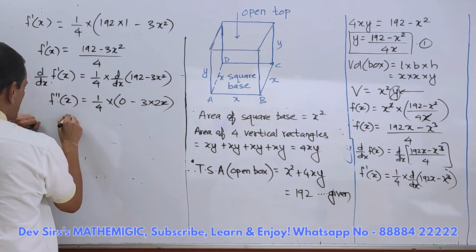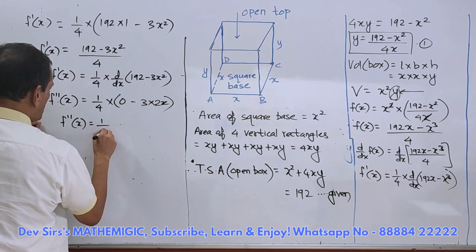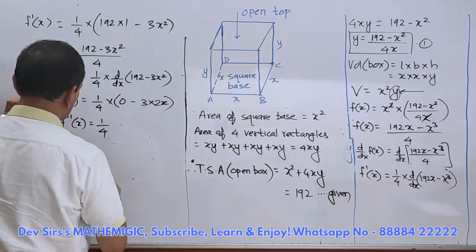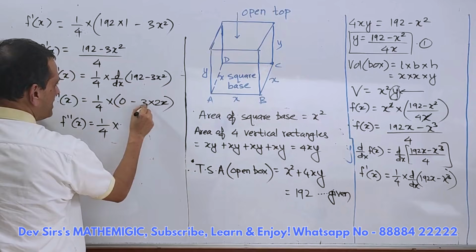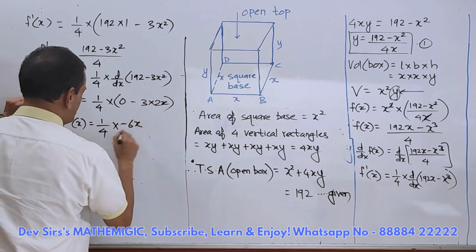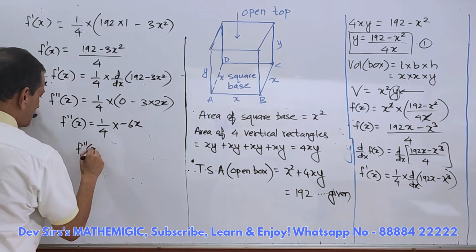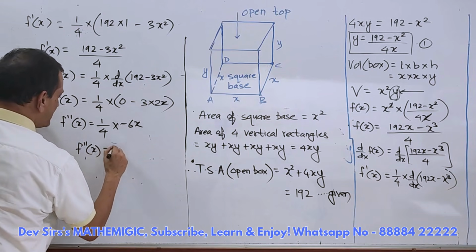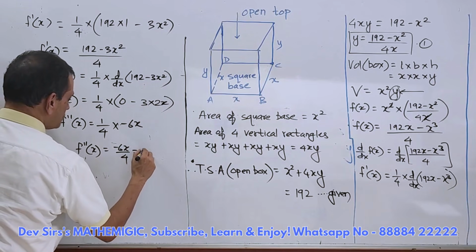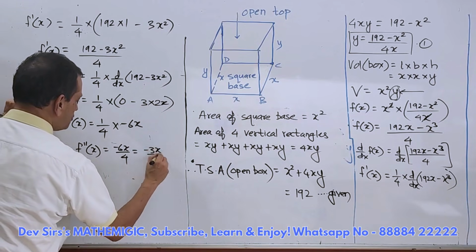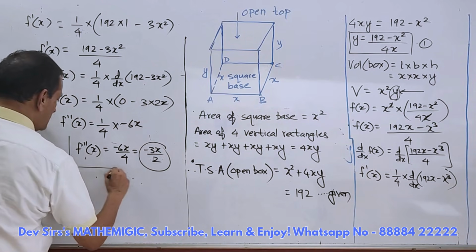So f double dash x is 1 by 4 into 0 minus 6x, is minus 6x. So f double dash x is minus 6x upon 4, that is 2 3s are 6, 2 2s are 4. That is what I get, f double dash x.